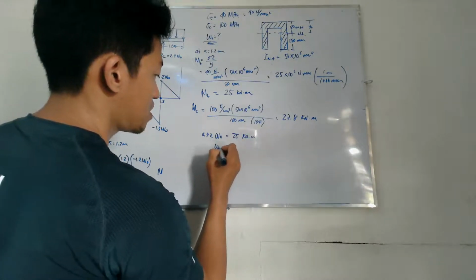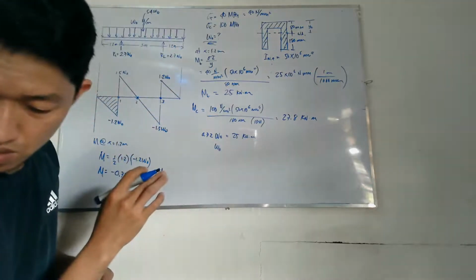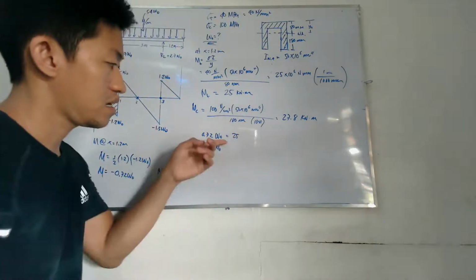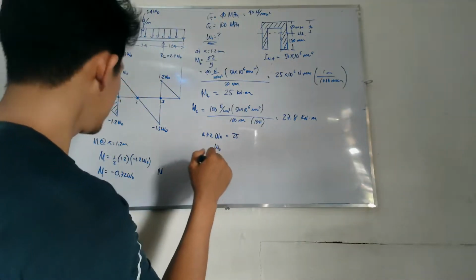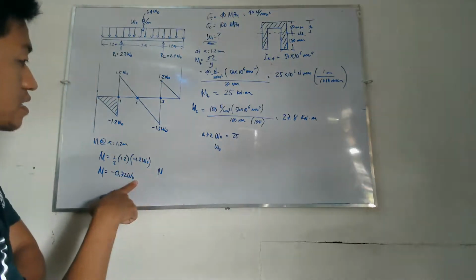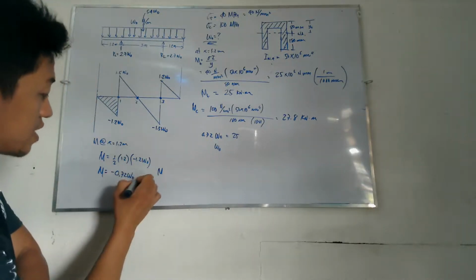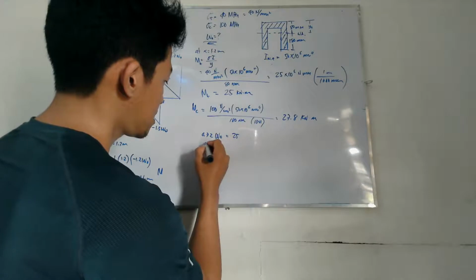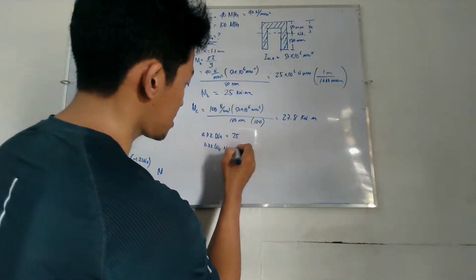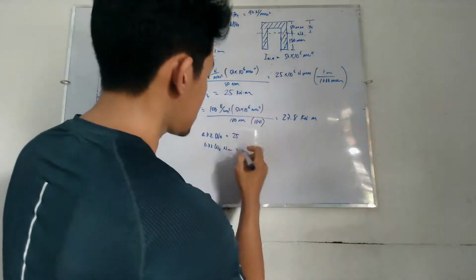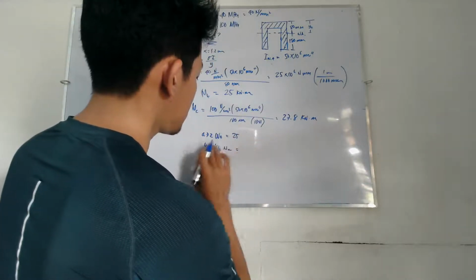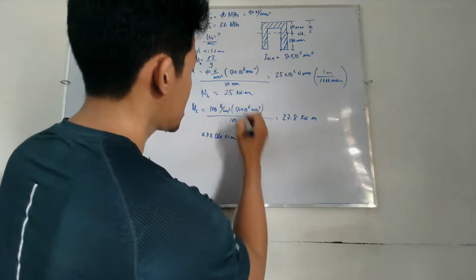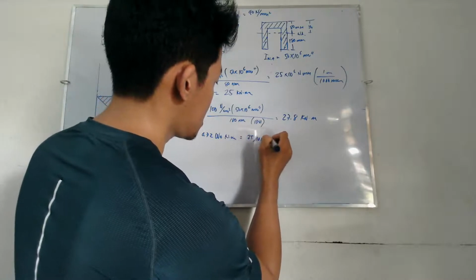So, anyway, value require na to ani. By the way, ang unit ani niya is Newton meter. 0.72 Newton meter. Nya kani kay kilonewton man, 25,000 Newton meter.